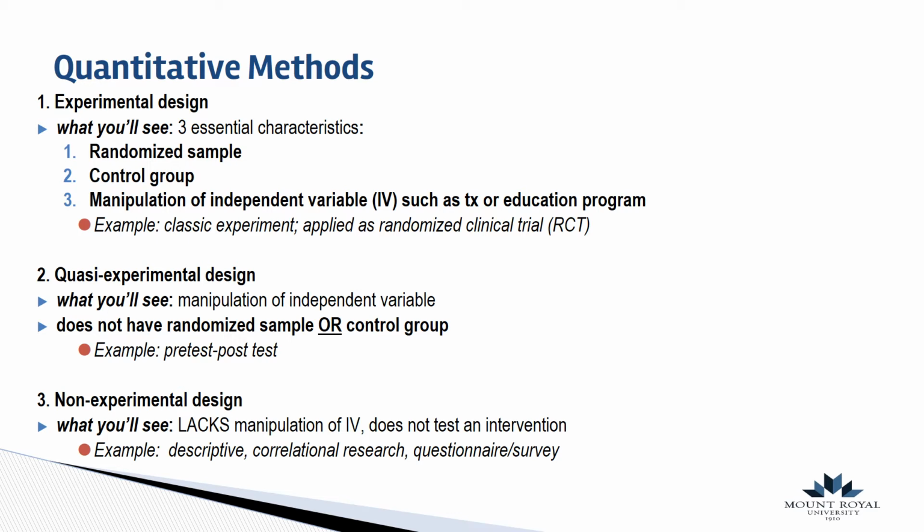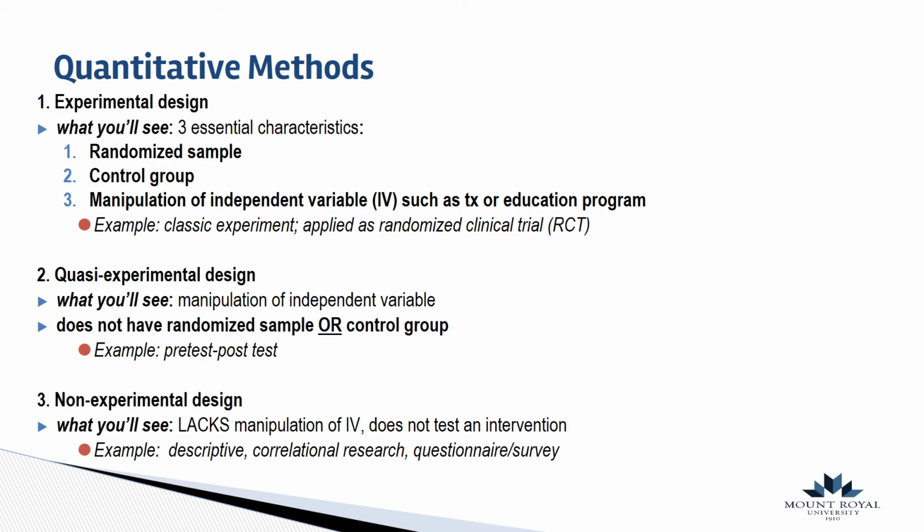And the researcher is going to manipulate the independent variable, which is the treatment or the intervention. It could be a treatment, as in medication, new procedure, new treatment, but it also could be an education program, a support group, that type of thing.